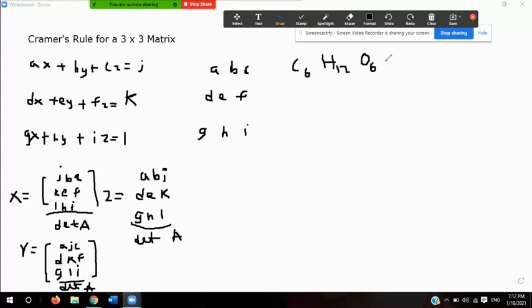The atomic weight of glucose, C6H12O6, is 180. Then we have carbon dioxide, or CO2, and the weight is 44. And the other one is hydrogen peroxide, H2O2.